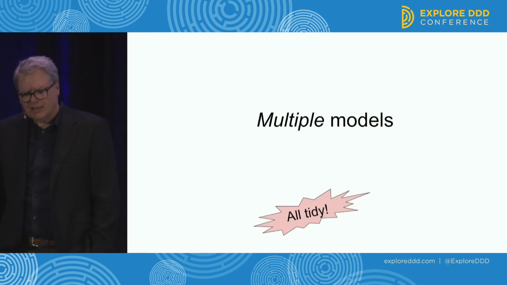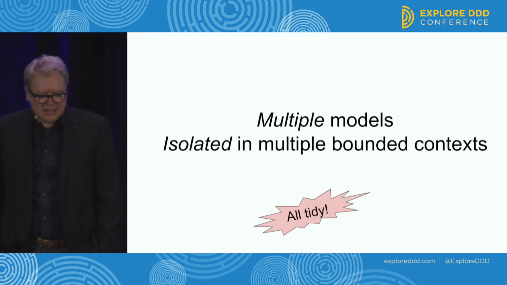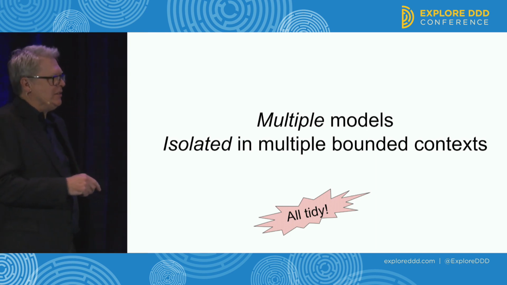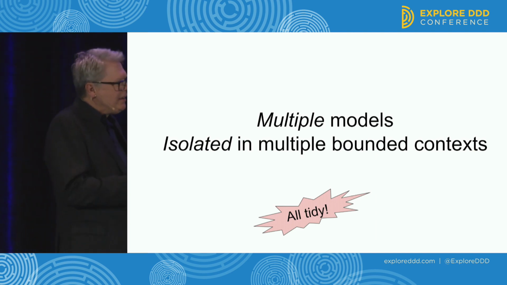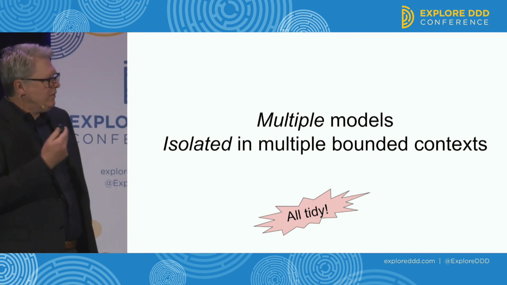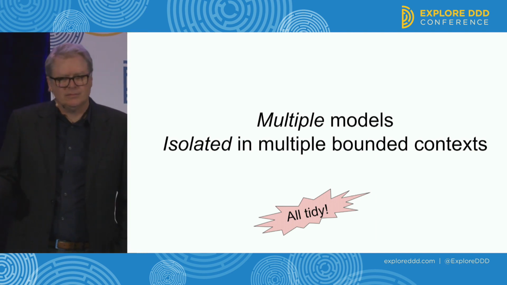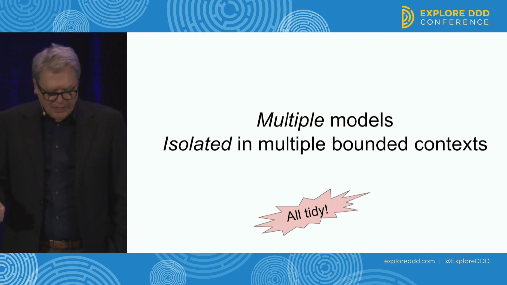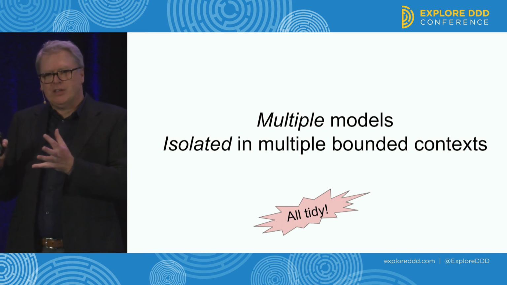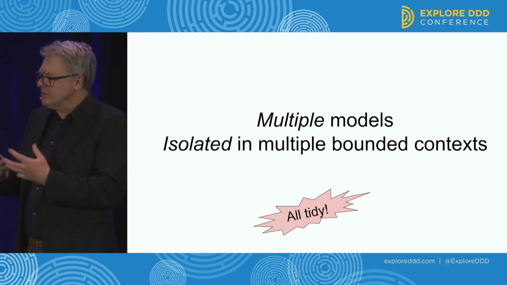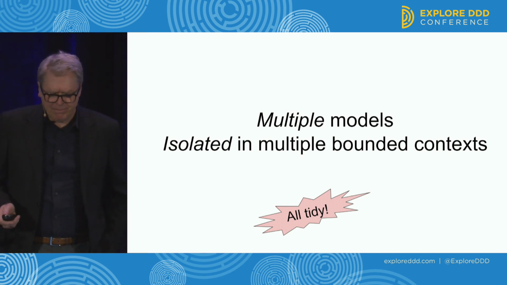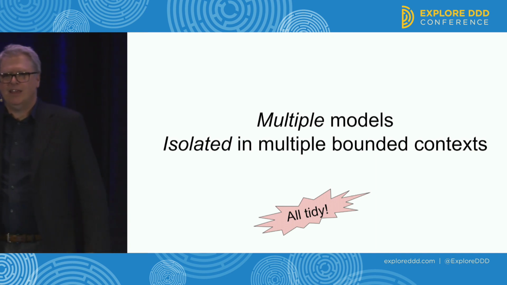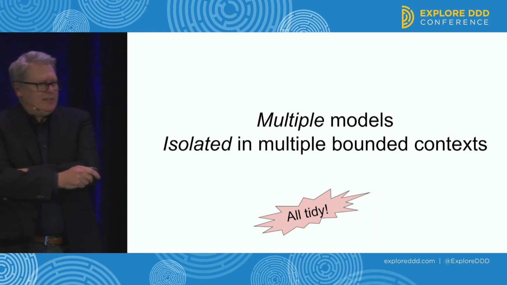And although we would have multiple models, they would all be isolated from each other, so that we would attack different problems with different models. Because you don't want one tool for all jobs, but they would be isolated from each other in a bounded context, so each one could be coherent. And it's all tidy. And this is, to some extent, the way I described it in my book.